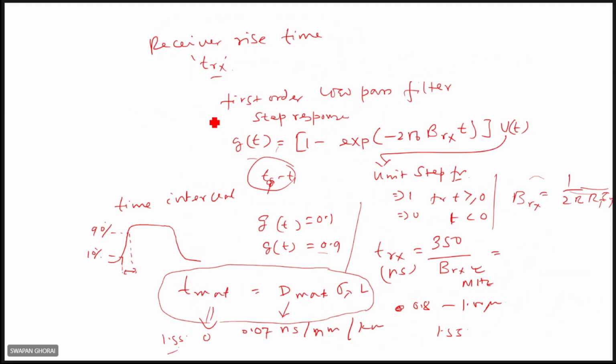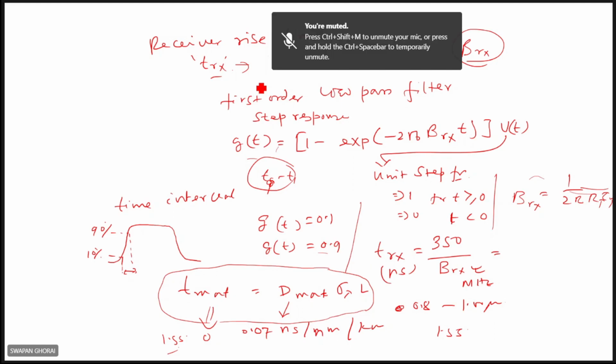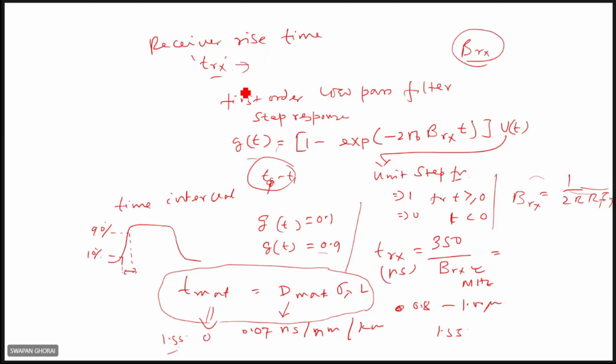Receiver rise time generally depends on the receiver bandwidth. If the receiver bandwidth is BRX, then the receiver rise time is generally determined from the step response of the photodetector response, and also the 3 dB bandwidth of the receiver.